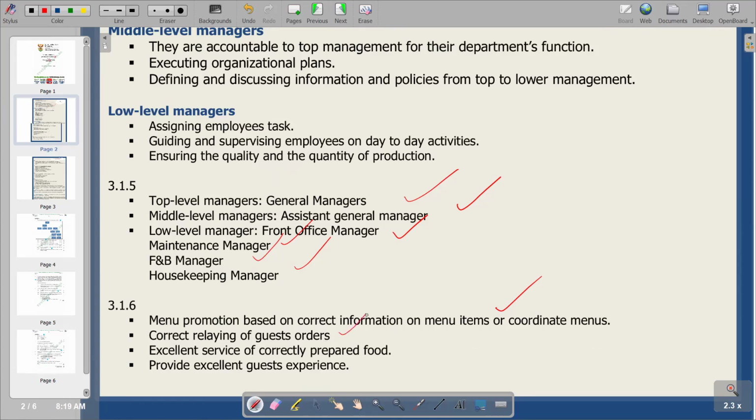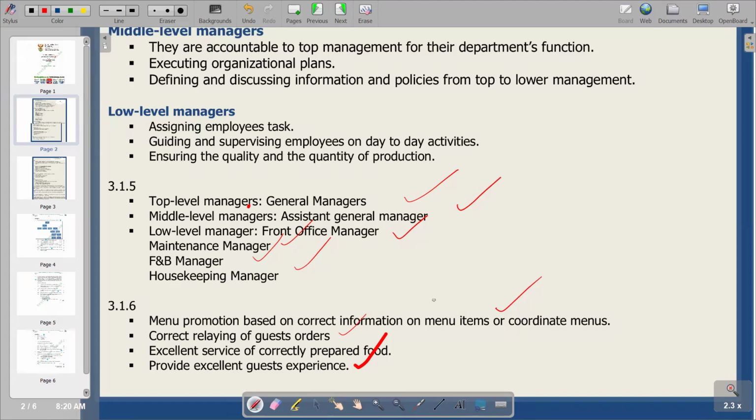We talked about excellent service of correctly prepared food, provide guest experience, as part of the responsibilities. So the first point, the second point, and third point refer to the chef, and the last one is the one for the restaurant manager. So basically, that's what we have.